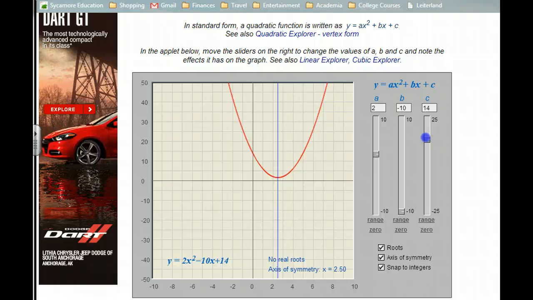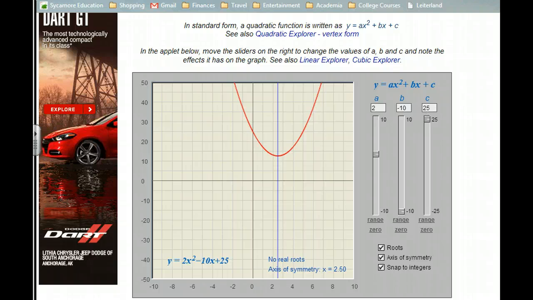So if we make this, let's see if I can make this a 10. Down, there we go. So it crosses here at 10. So whatever number this is where it's going to cross. So 25, there it crosses the y-axis. So it's C. Another easy part.